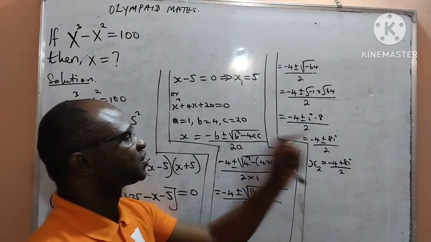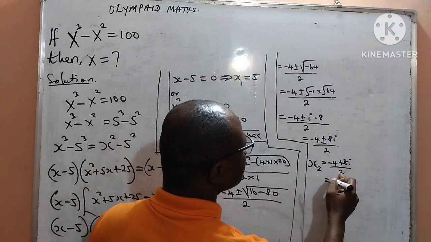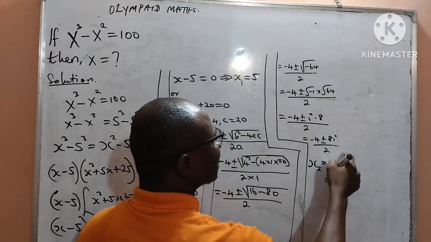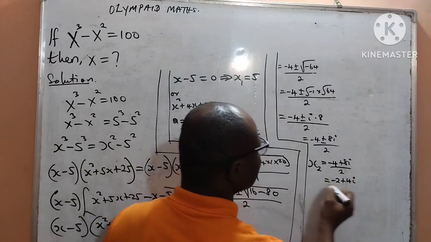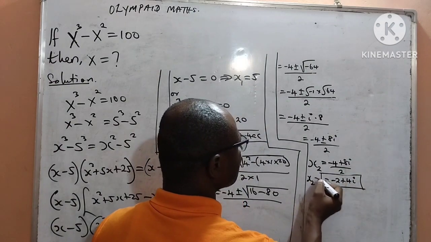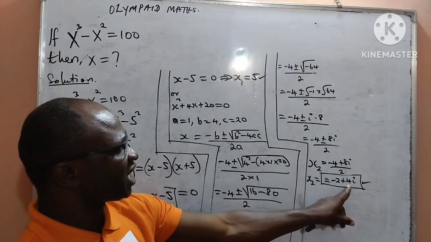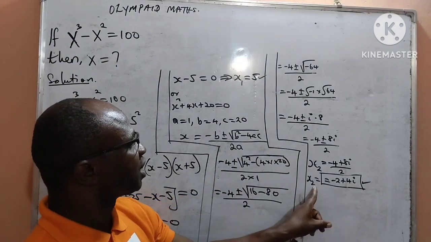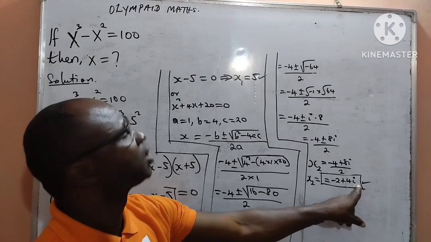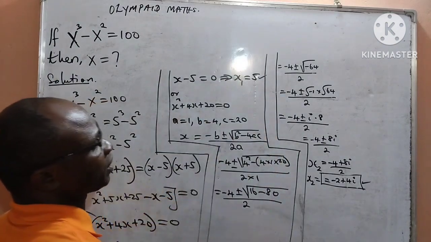That is, I am taking plus this time around. And when this is evaluated, 2 divided into minus 4 will give me minus 2, plus 2 divided into 8i will give me 4i. This is the second value of x. x2 is equal to this. x1 is equal to 5. This is a complex root because it has 4i. That i stands for complex root. This is the real root that we got.